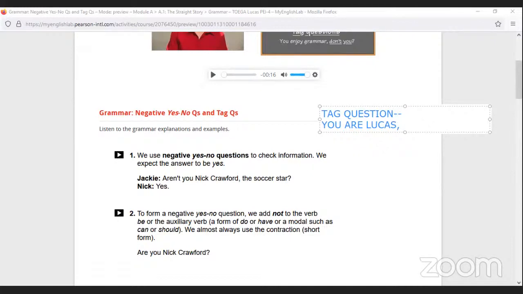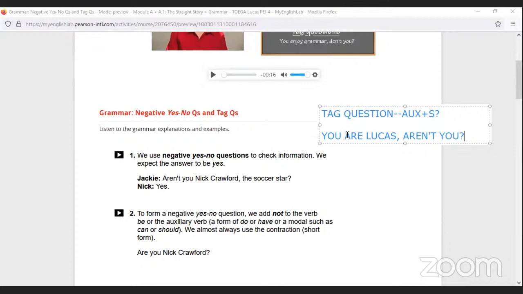So the structure for a tag question is the auxiliary plus subject, and the question mark. For example, you are Lucas, and after a comma I put the tag question. My tag question is the same auxiliary that I have here, for example, are, but if the sentence is affirmative, the tag question is in negative: aren't you?